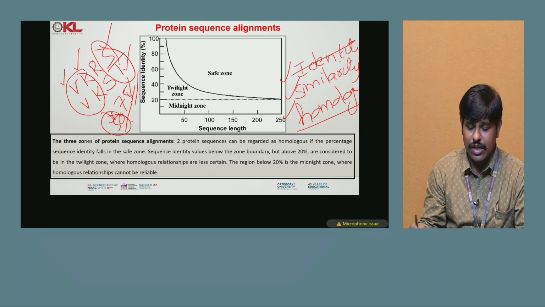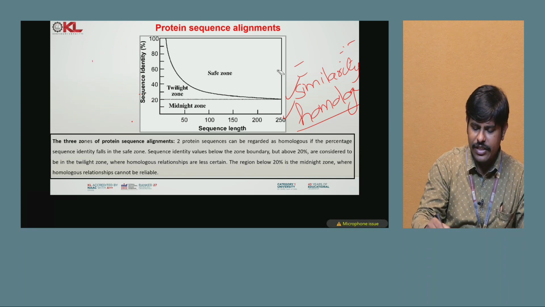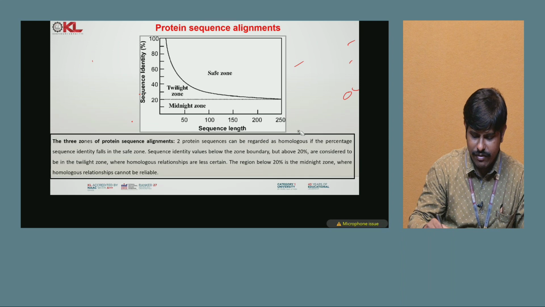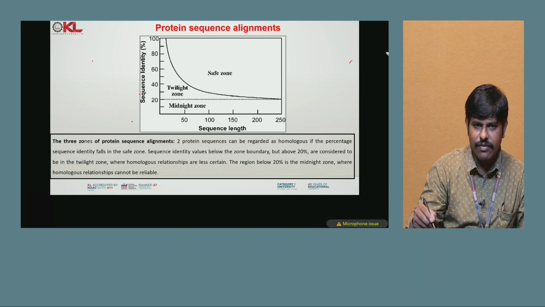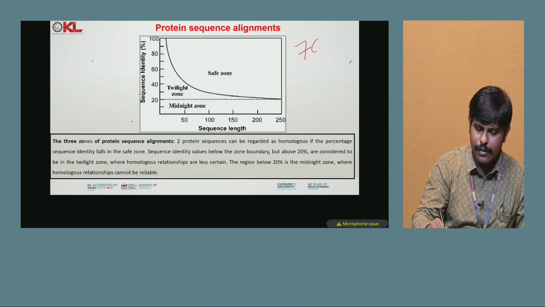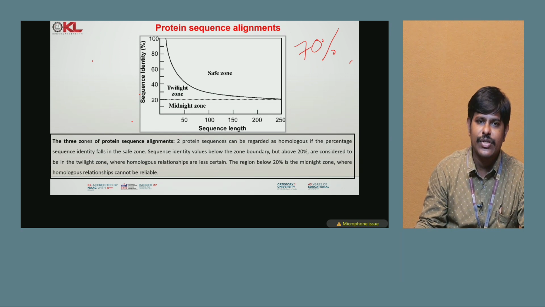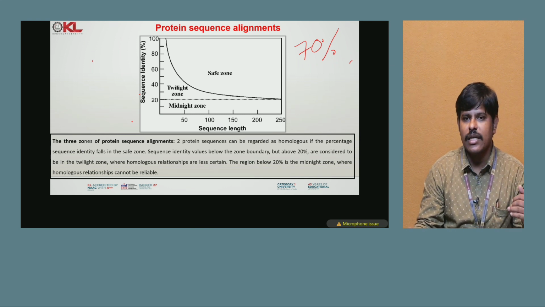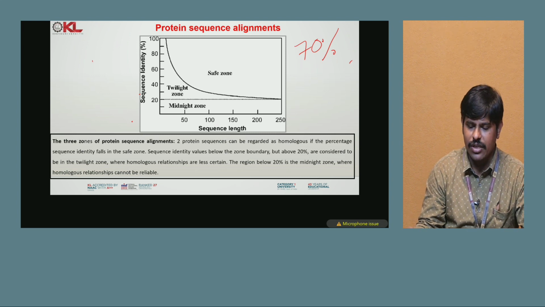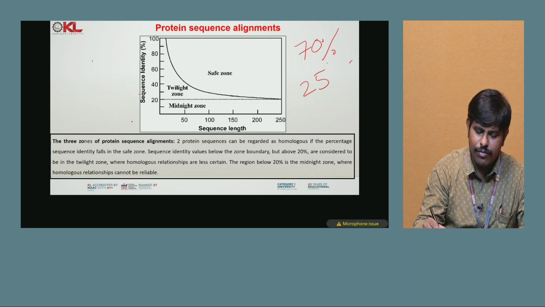So while doing sequence comparisons, you need to consider the percentage of matching present amongst the sequences. For DNA sequences, generally if you have 70% similarity, then you can consider that these two sequences may be evolutionarily significant in their comparison. But when coming to proteins, your cutoff can start from 25%.